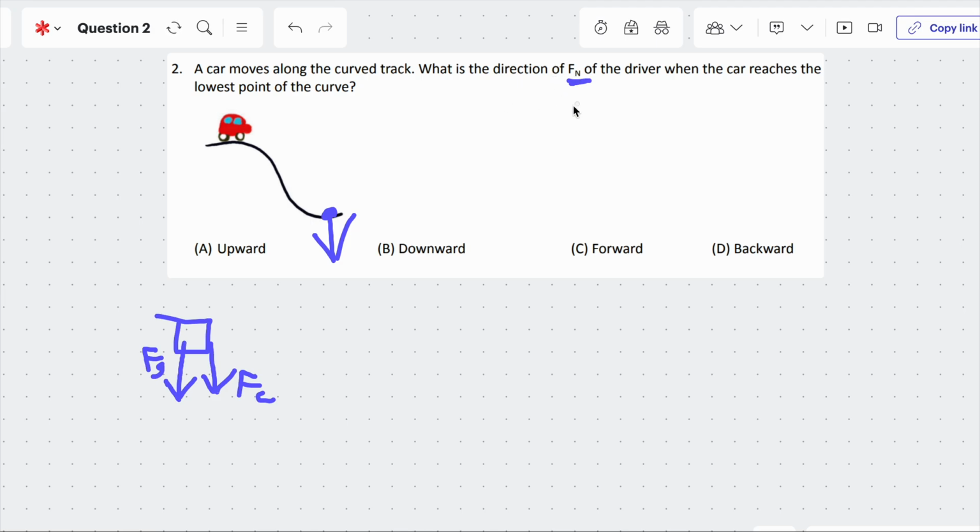And the normal force. That is basically saying, if we push on a table or something, that table is also pushing back on us. It's basically the reason this car doesn't just fly through the ground. So normal force has to counteract those. So that's going to be pushing up, which is our answer there.